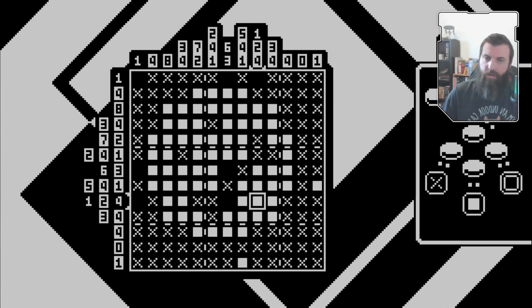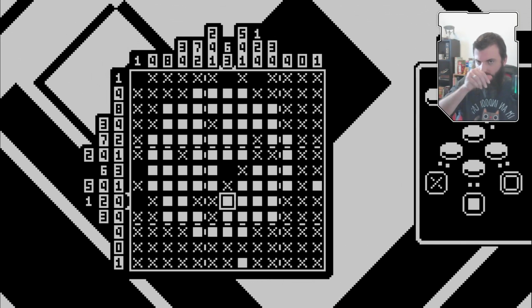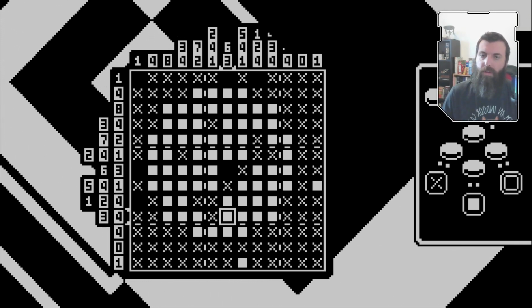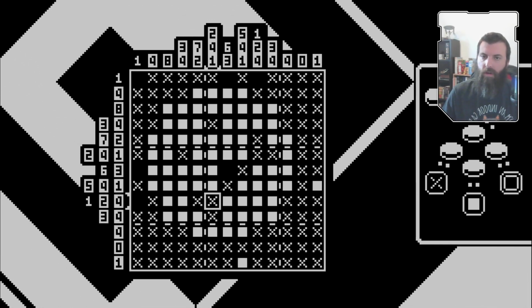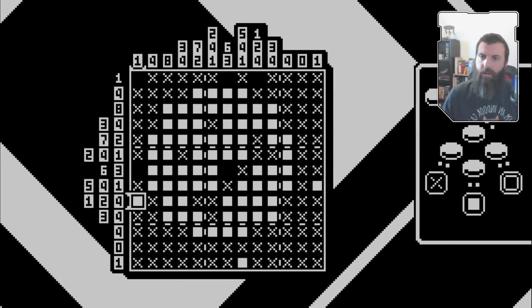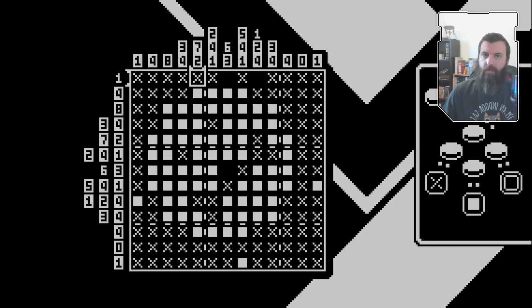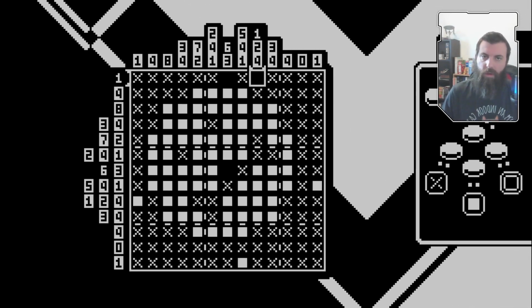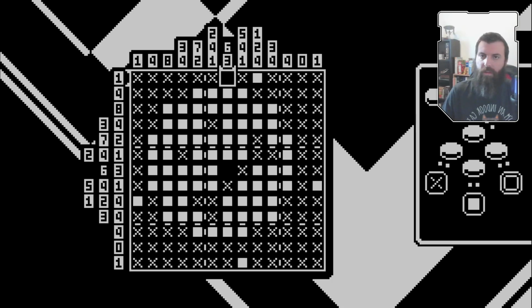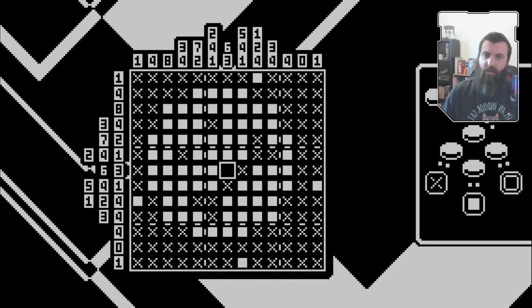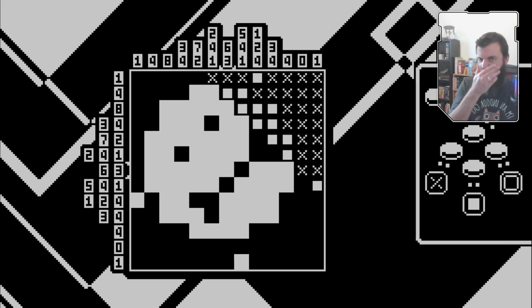Need a pixel here to satisfy our horizontal 4. That completes also our vertical 3. Great. Need a pixel here for our 1. That completes this column for our vertical, and completes the 1 over here for this row. The last pixel we need, the 6s.